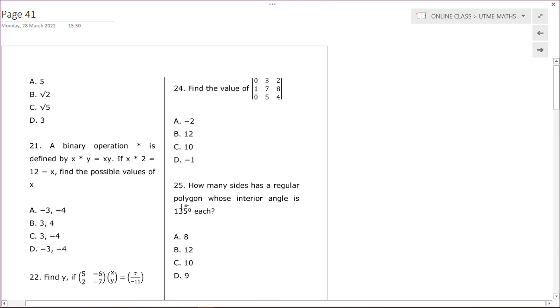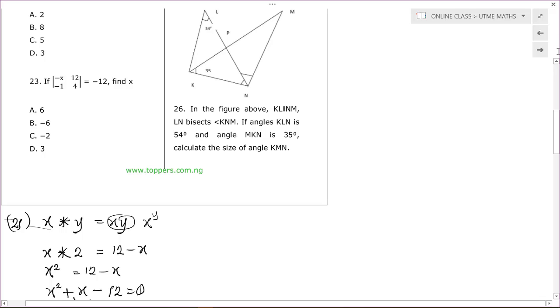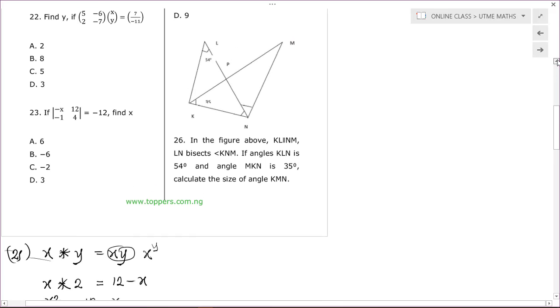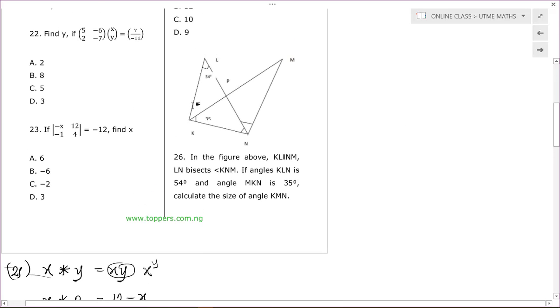26 says that, okay, we have a diagram here. They said in the figure above, KL is parallel to NM. When you see two lines drawn between two letters like that, it means that they are parallel.